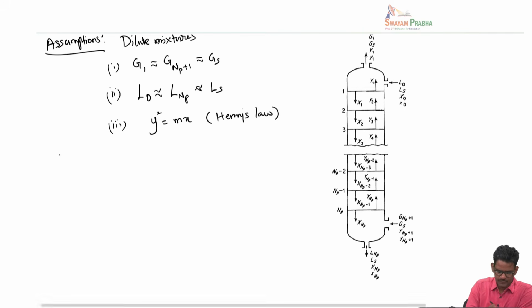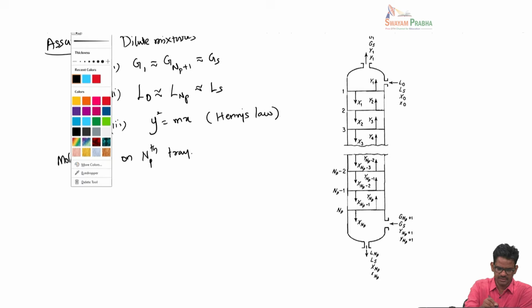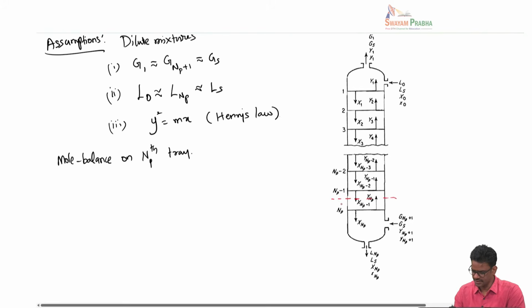So first we will do a mole balance on the last tray, which is the npth tray. So the npth tray is this, the last tray here.